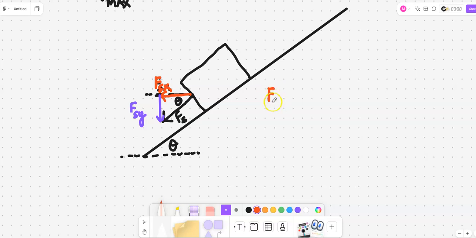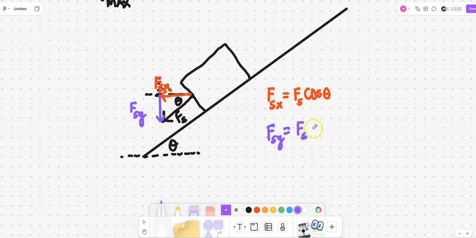We have the force static in the x direction equal to force static cosine of theta, because this is the adjacent side, and in purple, the force static in the y direction will be equal to force static sine of theta, because this is the opposite side.